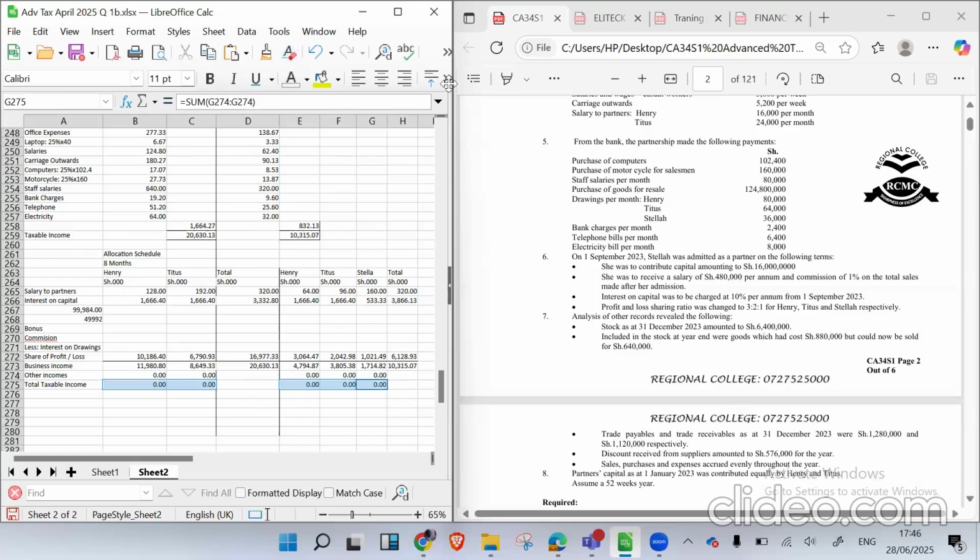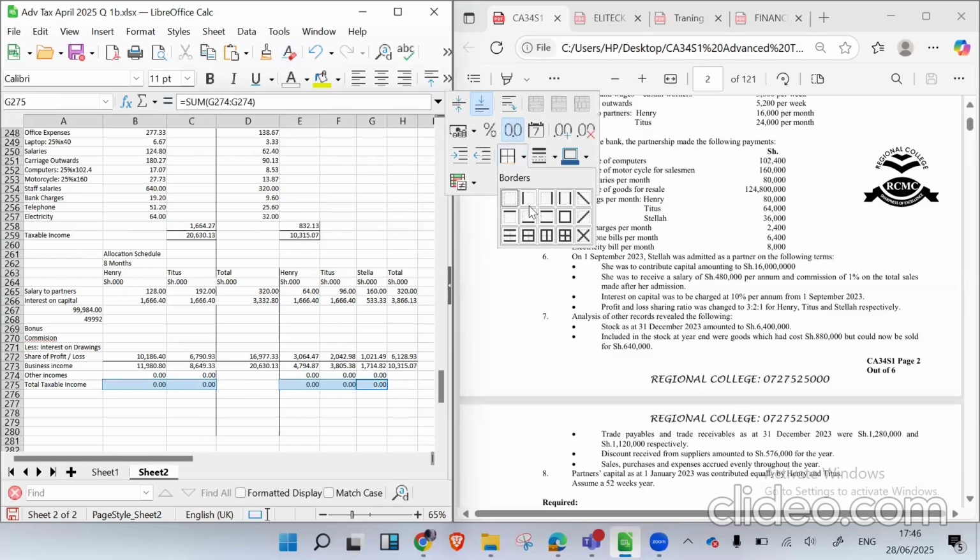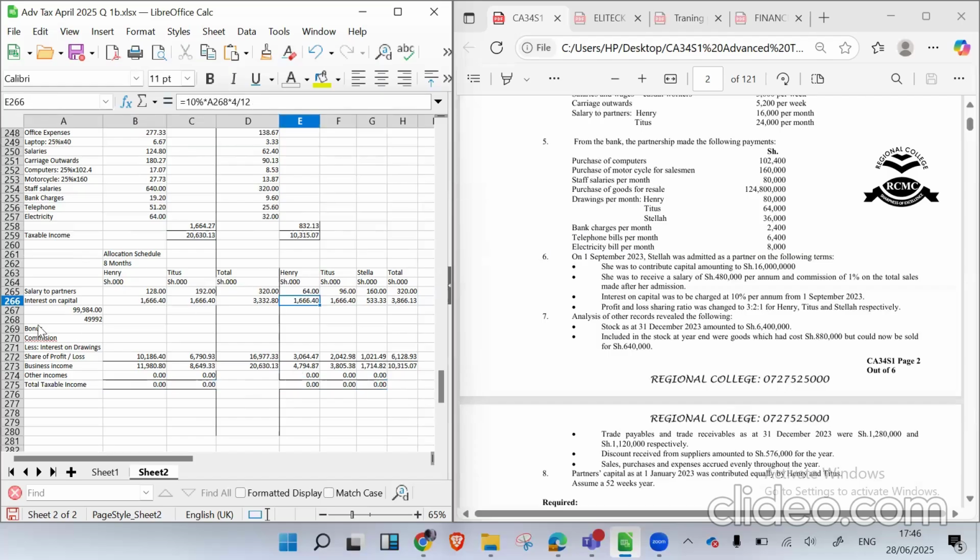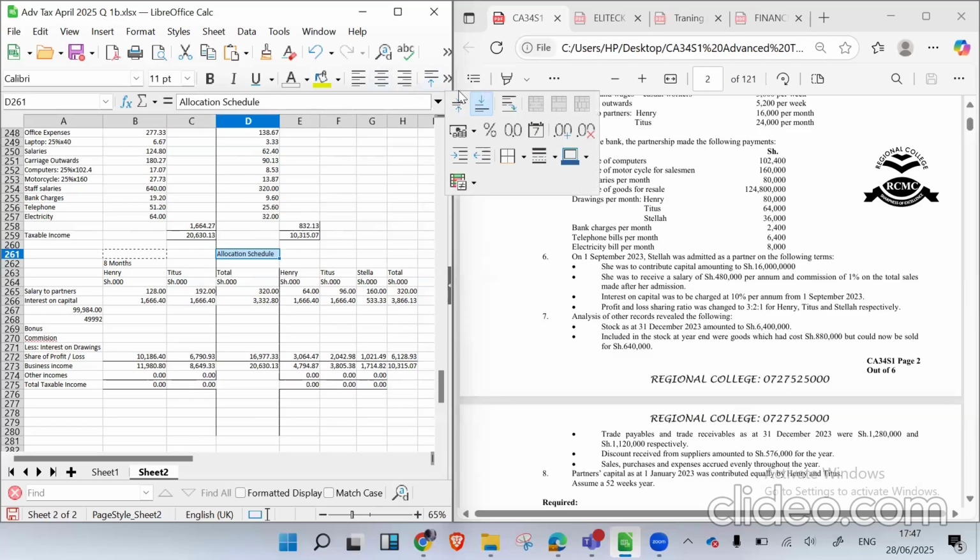Ni hivyo tu. Okay. Kuna kakazi kidogo. So that is, hapo ndo kuna kazi kidogo. So total taxable income umesema? So total taxable income is a business income plus other incomes. Okay. Yeah. So if I kwa 0 inafaa kwa hiyo 1190.